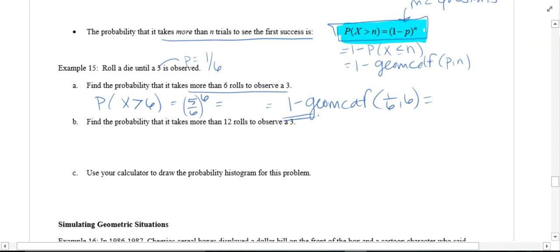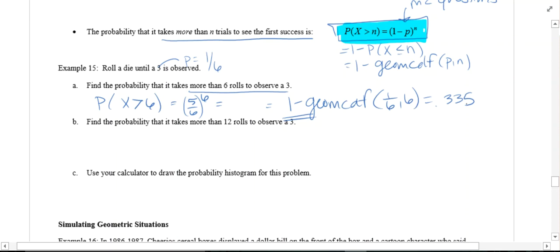Okay, go ahead and calculate that. Okay, so when you calculate that, that's 0.335.